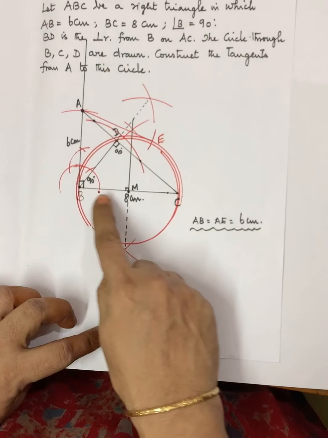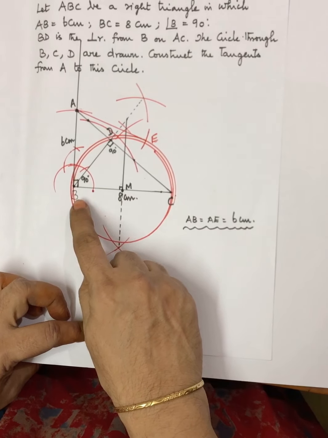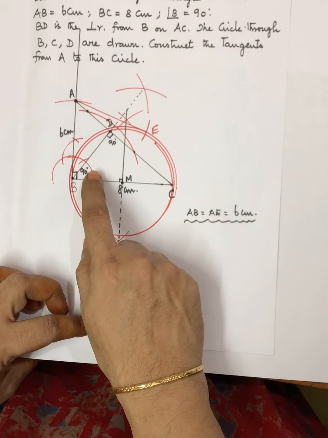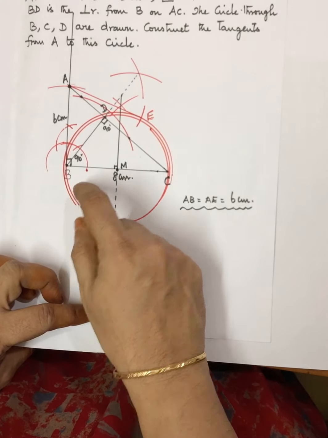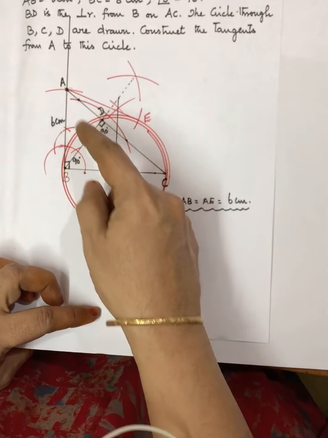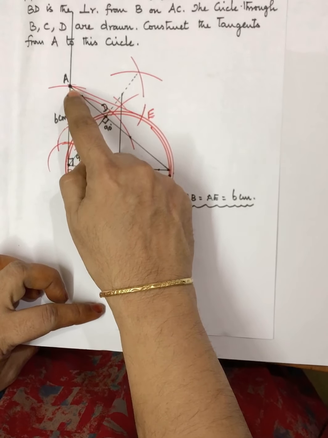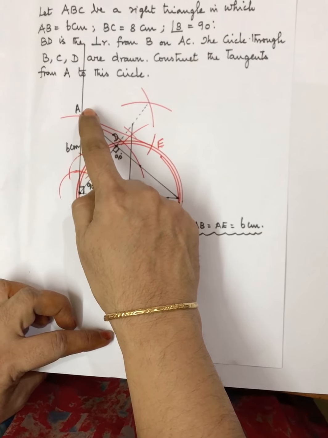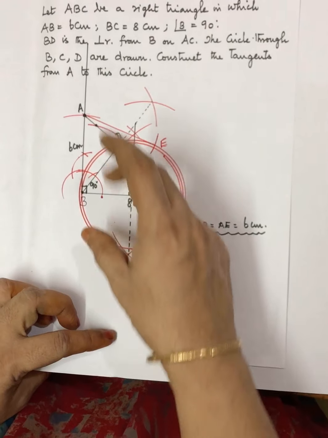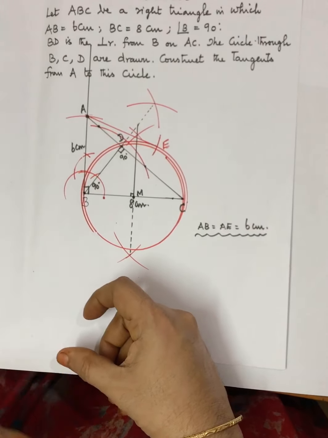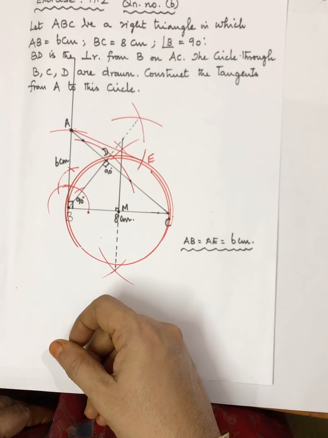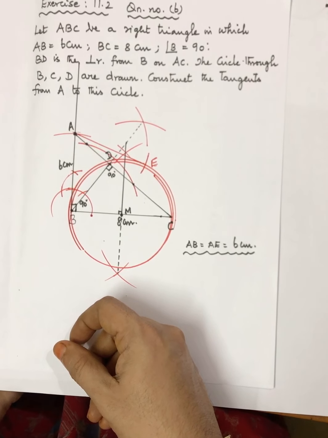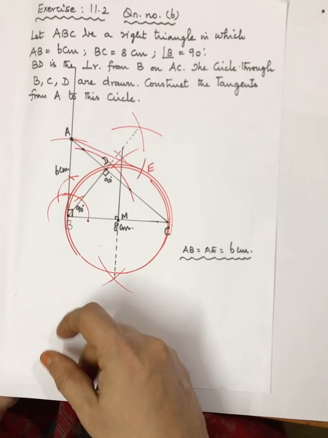So, first you draw the base. At B, draw an angle of 90 degree using ruler and compass. In that line, cut an arc for 6 centimeter, and mark point A. AB measures 6 centimeter. Join A to C. AC is the hypotenuse of the right triangle ABC.